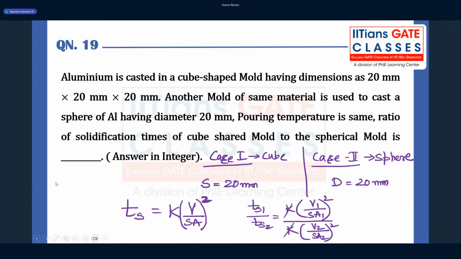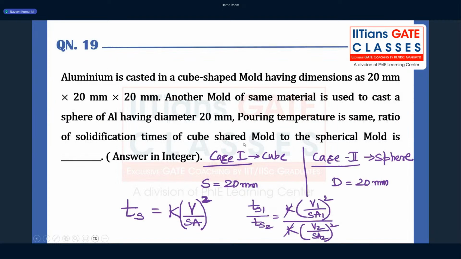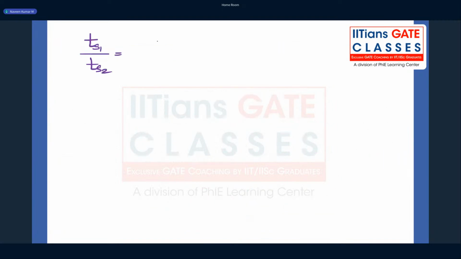So we have to individually find the volume and surface area of both cases. Let's do it generically. For a cube, this is solidification time of 1 by solidification time of 2, that is s cube divided by 6s square. So this is V1 by SA1, and obviously do not forget the square, right?